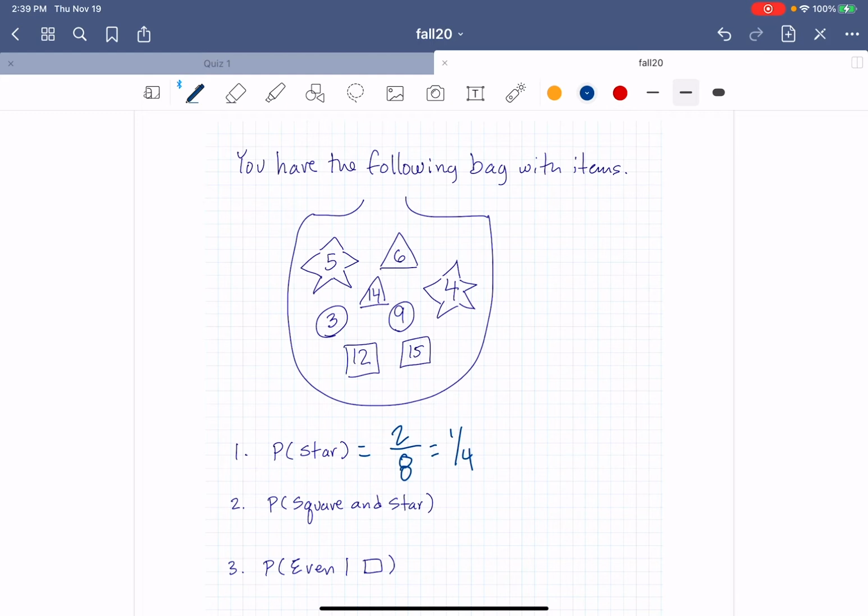Okay, the next thing. What's the probability of a square and a star at the same time? Sometimes the and is represented as an intersect, right? What's the probability of a star? What's the probability of a square and a star at the same time? Usually you don't say that piece at the same time. So you're going inside the bag.